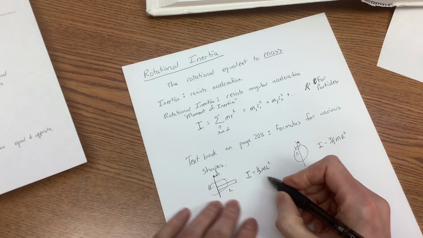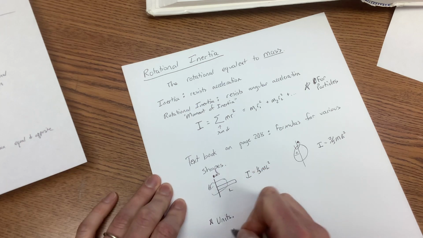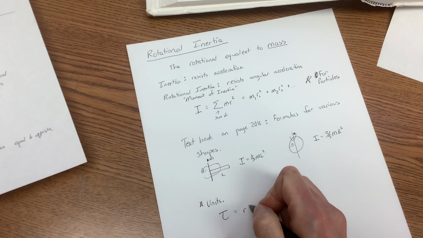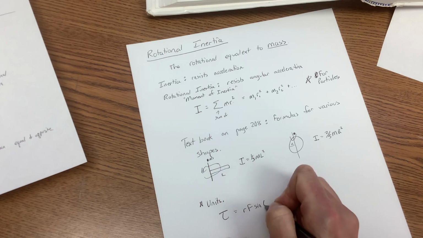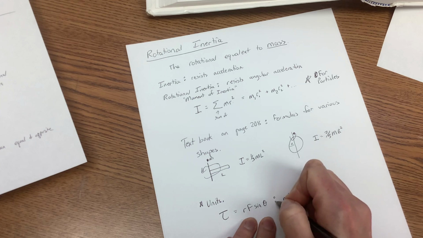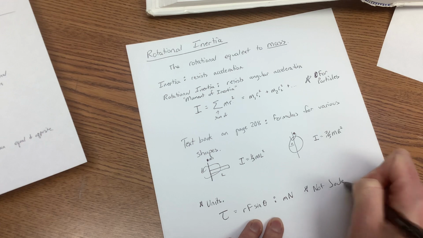Now, an interesting note about units, and torque is the first one I want to make a note of. When we do r times F times the sine of theta, we're going to have meters times newtons. And this is not a joule, and it's really annoying.